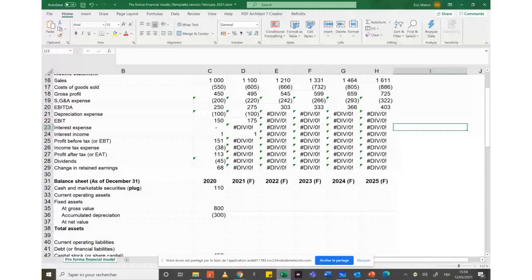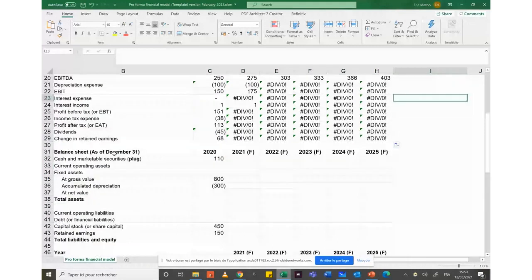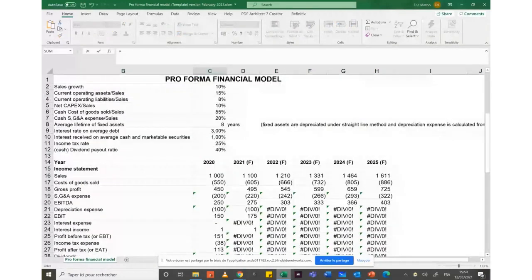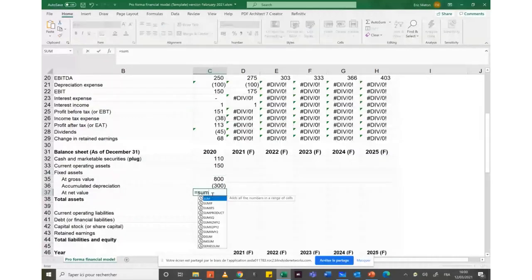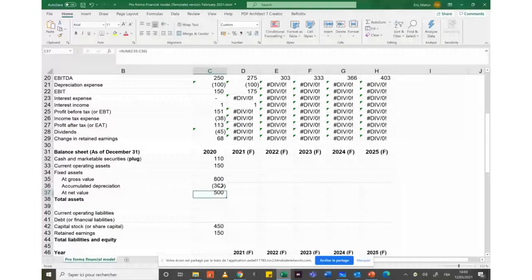Here, I will use the balance sheet in order to find the cash. The current operating asset is equal to 15% of the sales revenue. Here I put dollars. The net value is the gross value minus the accumulated depreciation. Accumulated depreciation is the previous accumulated depreciation plus the new depreciation.